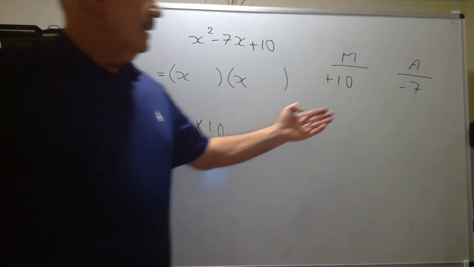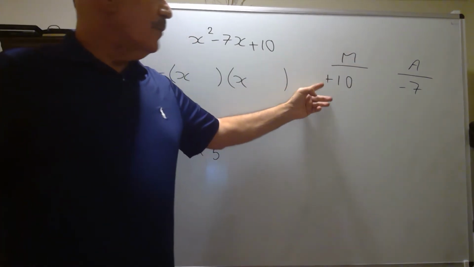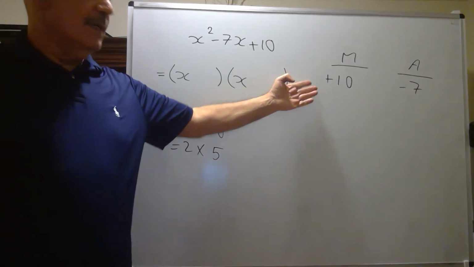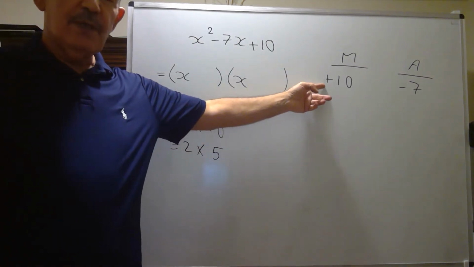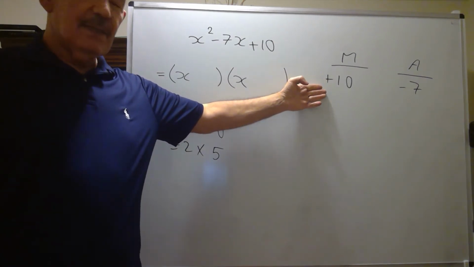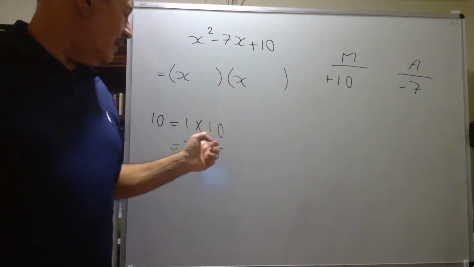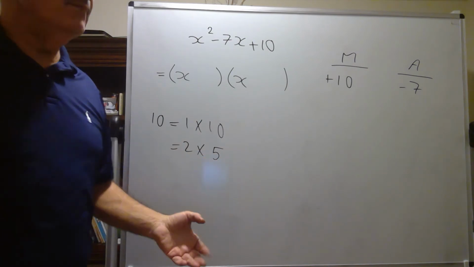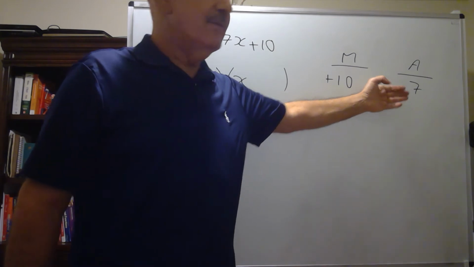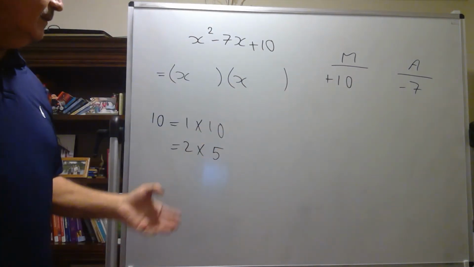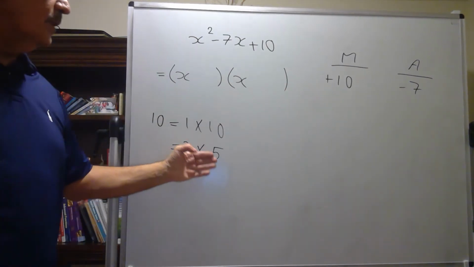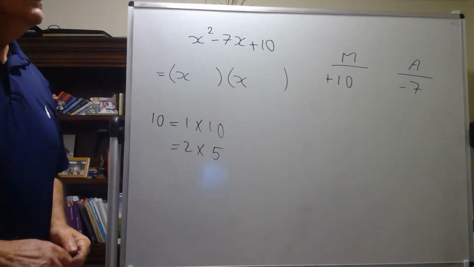Because the multiplication sign is positive, it means both numbers should have the same sign, because positive times positive gives positive and negative times negative gives positive. And when the addition is negative, it means both of them should be negative. Negative 2 times negative 5 gives me positive 10. Negative 2 plus negative 5 gives me negative 7.